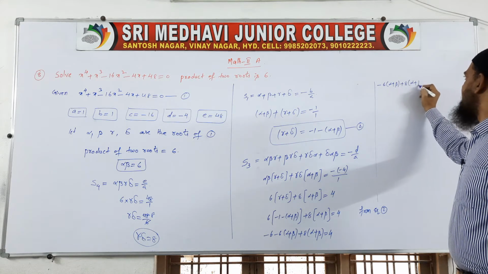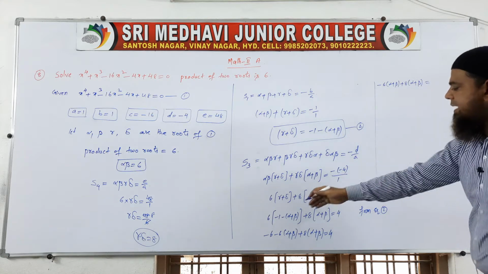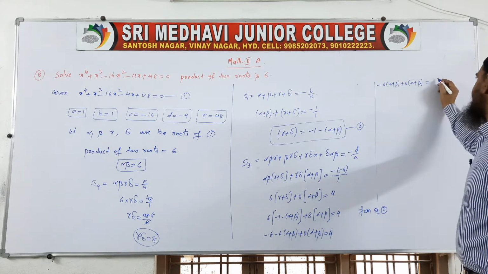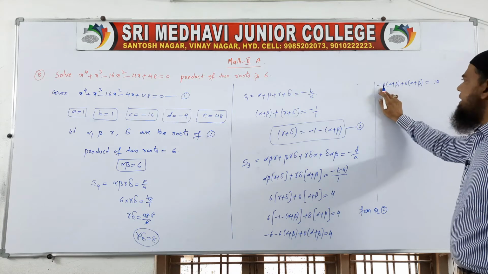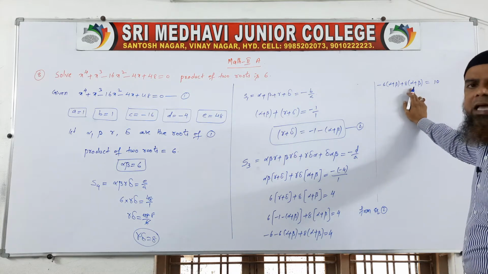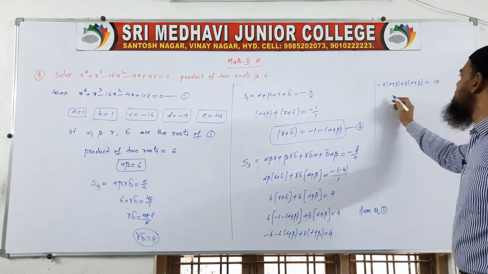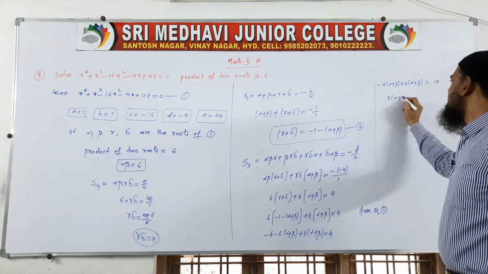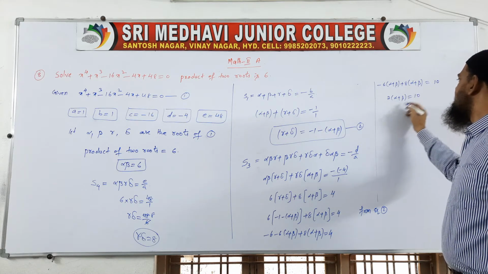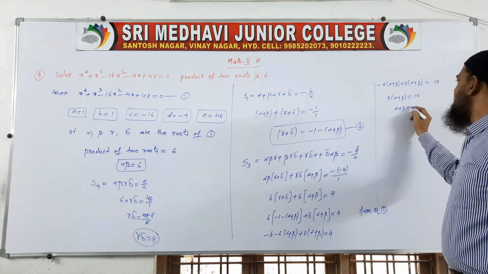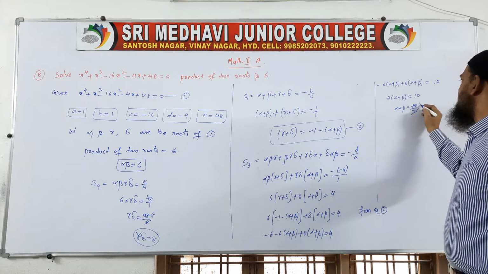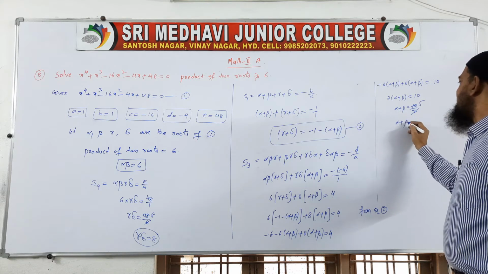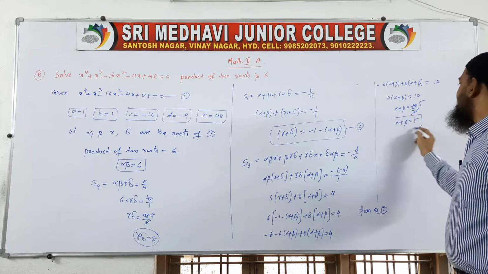Taking minus 6 to the RHS, it will become 10. Minus 6 alpha plus beta plus 8 alpha plus beta means 2 into alpha plus beta is equal to 10. Then alpha plus beta is equal to 10 by 2, you will get 5. So alpha plus beta is equal to 5.